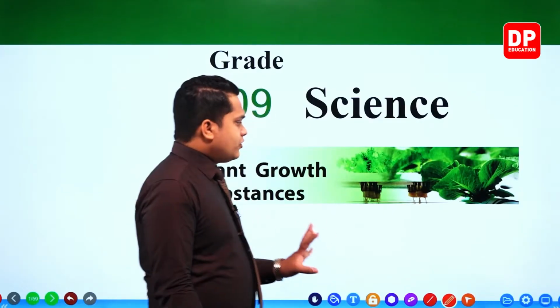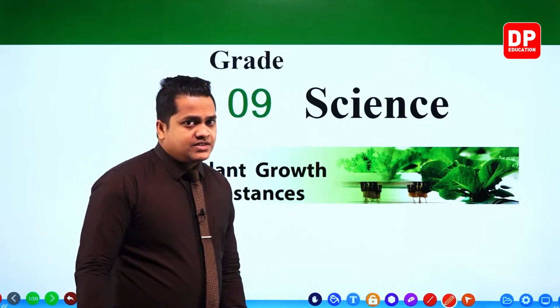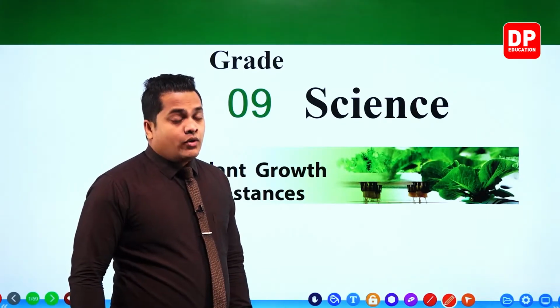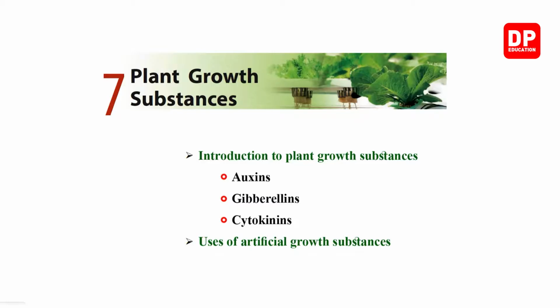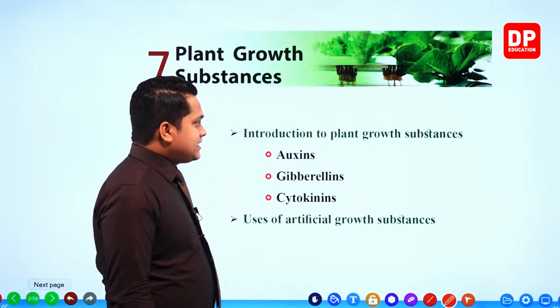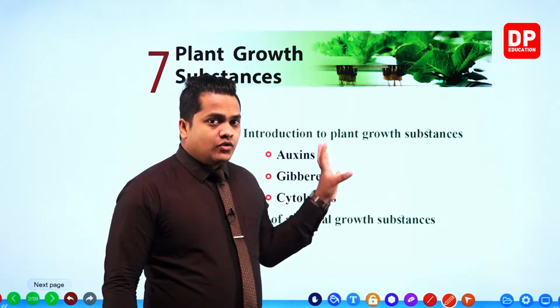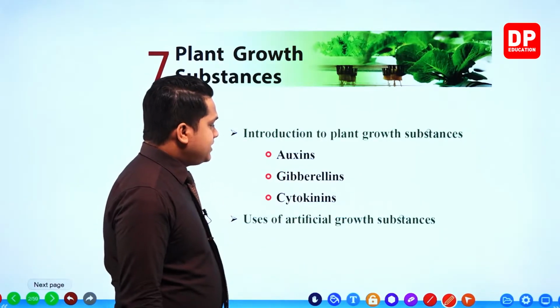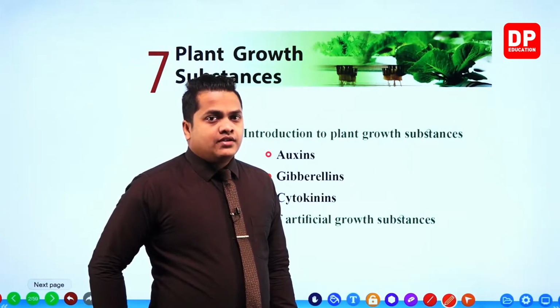So under the plant growth substances, my dear children, we'll be mainly focusing on these parts. So let's now see what the main topics are, or what the main types of chemicals are that we are going to identify. So here we'll be mainly discussing these plant growth chemicals, or these growth substances. Number one, we'll be discussing auxins, a special type of chemical substance which helps for the growth of a plant.